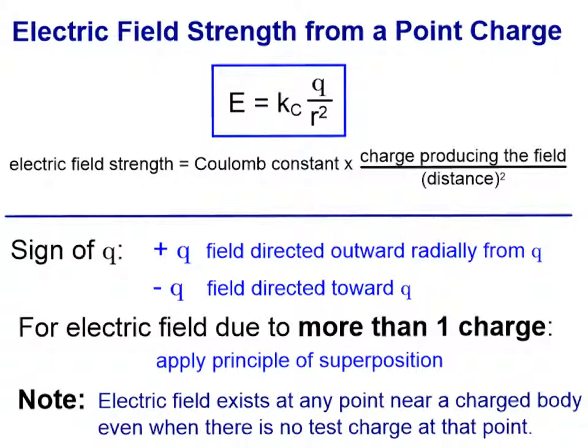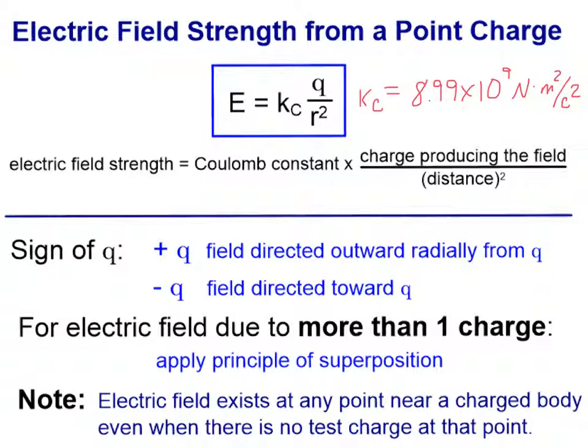In that case, we can use our Coulomb constant that we learned about before, and this would be the equation where the electric field strength is equal to the Coulomb constant times Q, in this case the charge that is producing the field, not the test charge, and it would be a point charge, divided by the distance squared between the charge and our test charge. There is our Coulomb constant in case you forgot that.